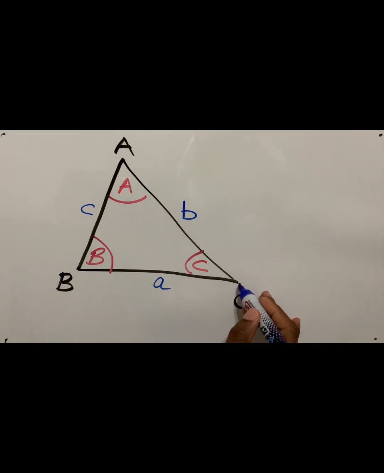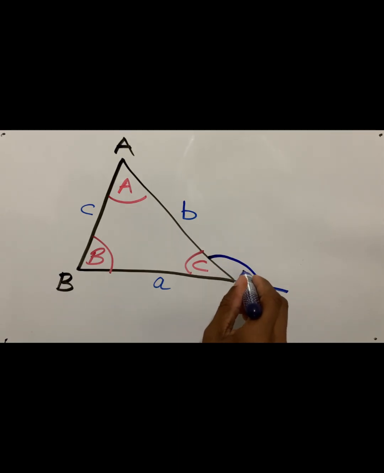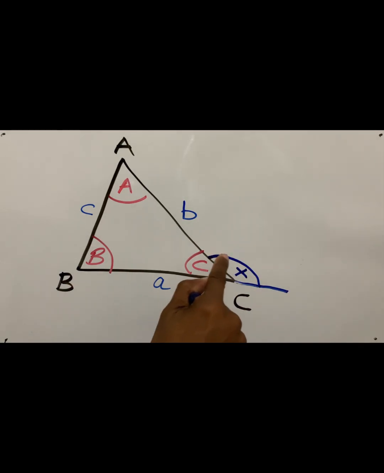Let's say we lengthen this section. The exterior angle, this angle, let's call it X. So when we extend this line, this angle that is formed outside here is equal to the sum of the opposite interior angles.